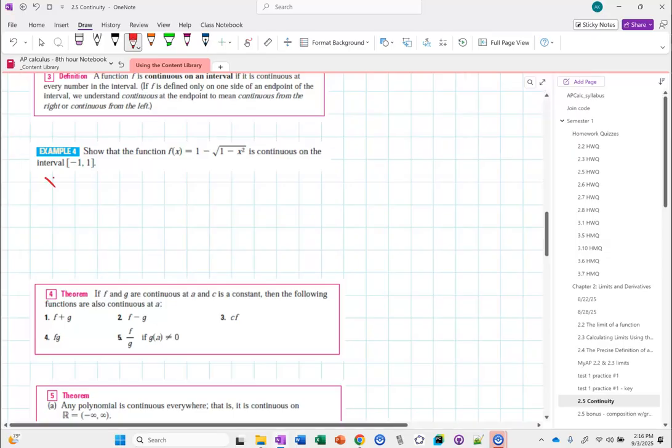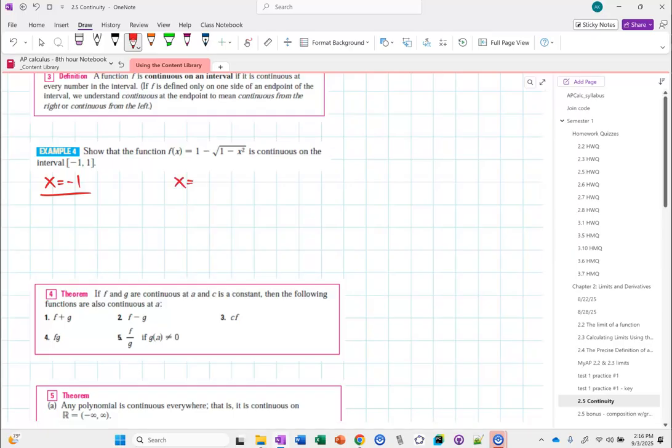So there's 3 checks that we're going to do. Is everybody okay with the 3 checks?